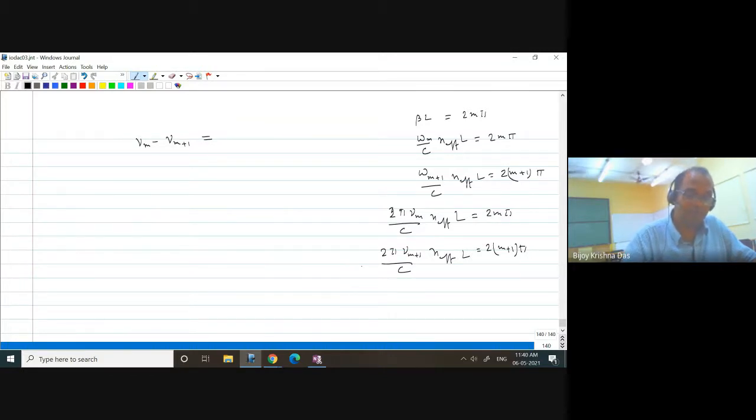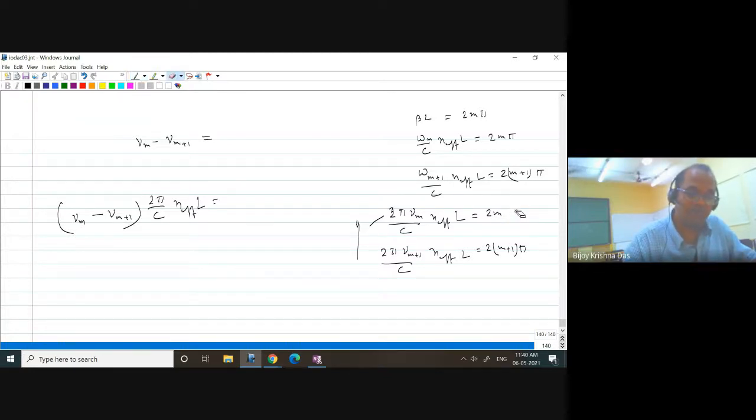Now if you subtract these, what do you get? First one from second one, because this is bigger. So nu m minus nu m plus 1 times 2 pi by c, n effective L should be equal to, oh no, since it is larger, I have to write it the other way.